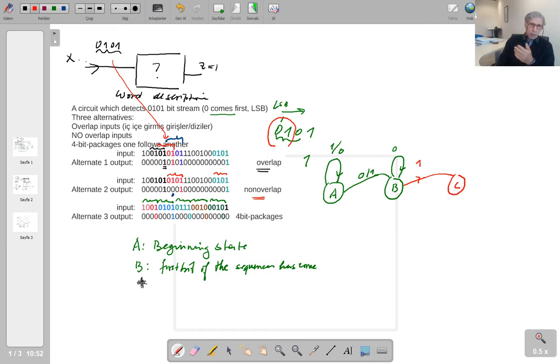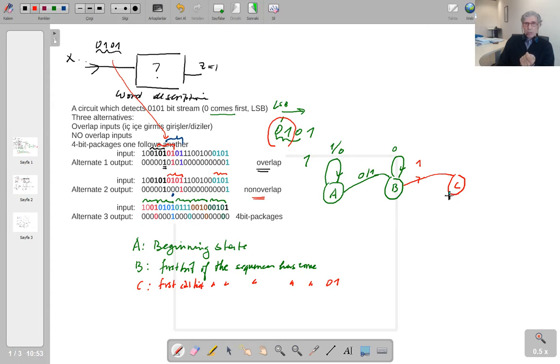It's easy: the first 2 bits of this sequence have come. I can say that 0, 1 came. Okay.